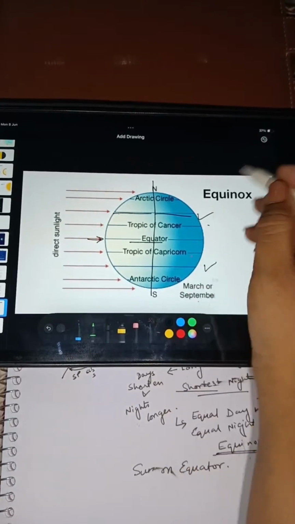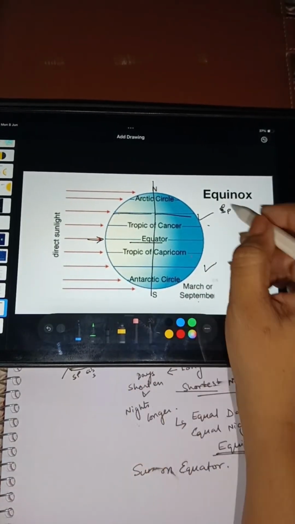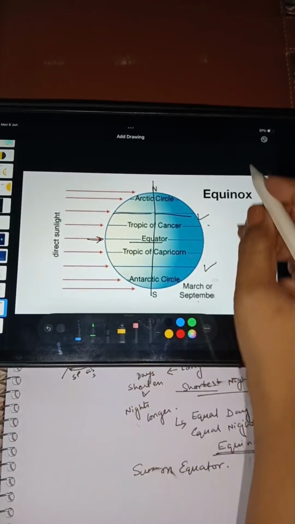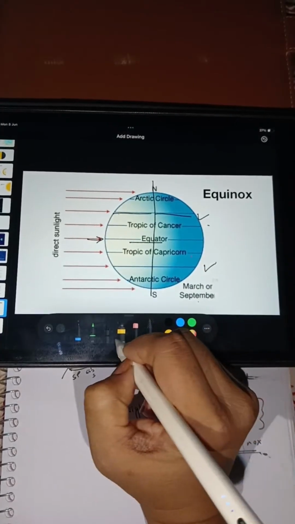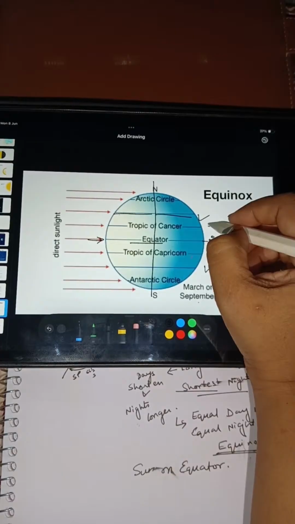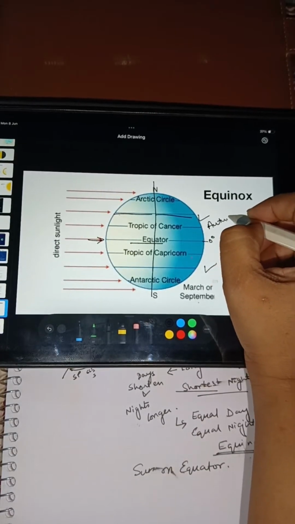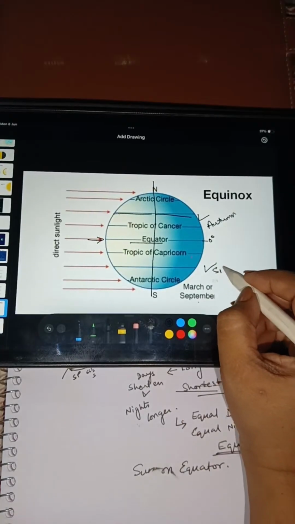So what we have here is, in the northern hemisphere we have autumn, and here we get spring.